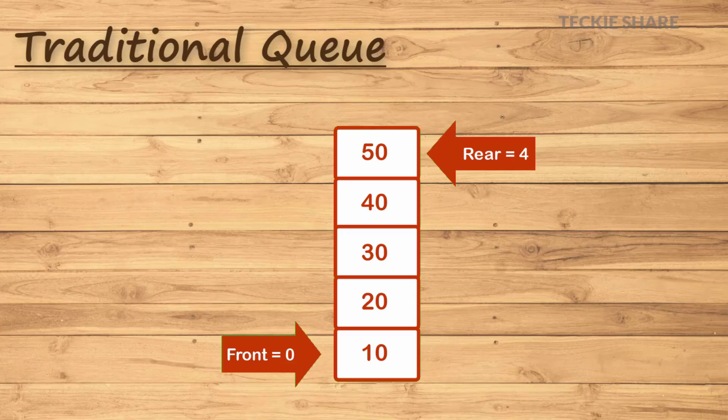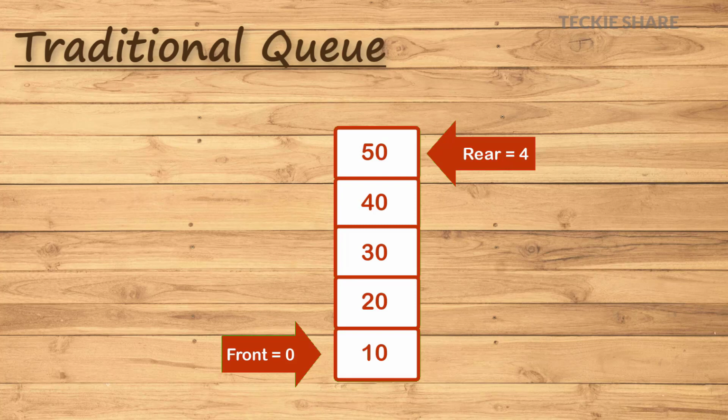In the traditional queue, insertion is the same as for the physical queue, but while removing an element from the queue, no shift operation is performed like in the physical queue. Instead, the front data is removed from the queue. Afterwards, the front position is incremented by 1. Let me take an example.